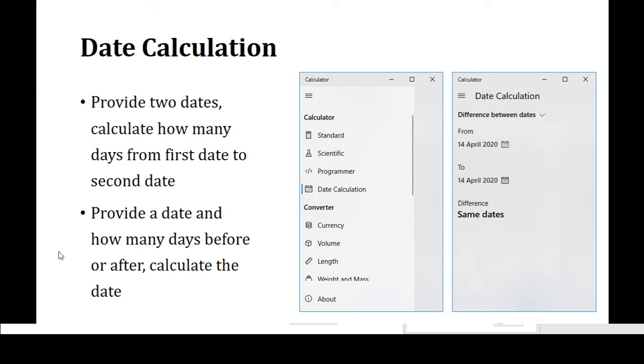Now, the second function is you just provide a date and how many days before or after that date, and it will calculate the date of 5 days before the date you have stated, or 6 days, or whatever number of days you have stated there. So these are the two functions that are available in the date calculation calculator. Just click again on menu, click on date calculation, and you can perform these two calculations. Very limited, just these two calculations.